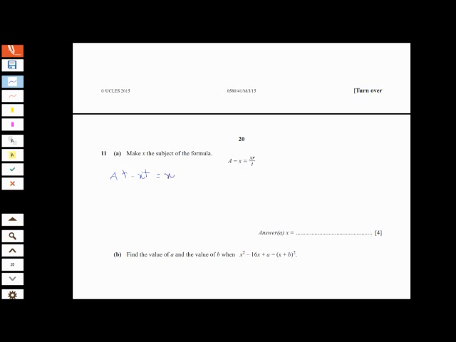You end up with AT, which equals xr plus xt, and then you take x as a common factor, x times r plus t. You divide both sides by r plus t to leave x alone. AT over r plus t. That's the answer. AT over r plus t.